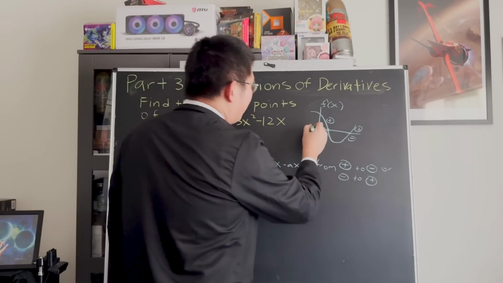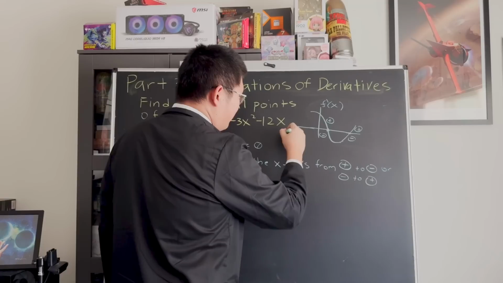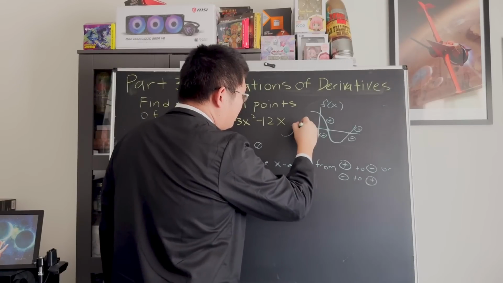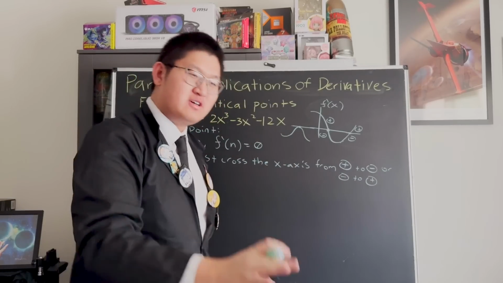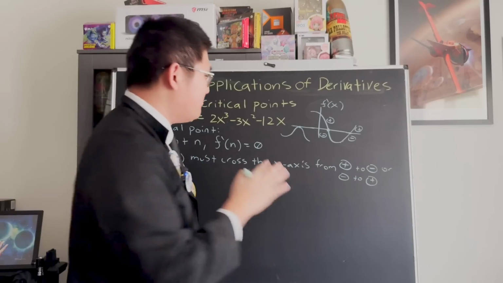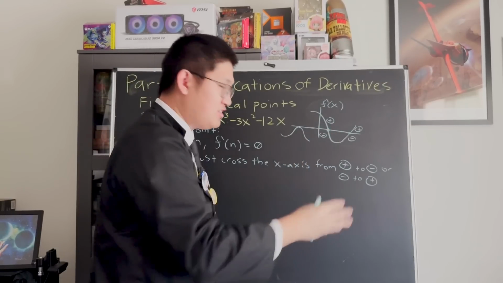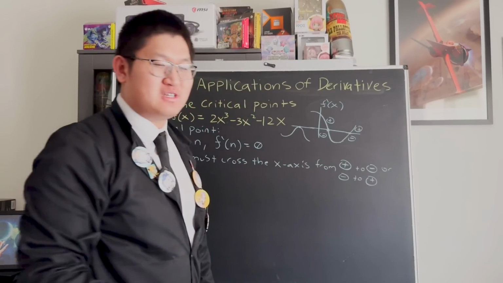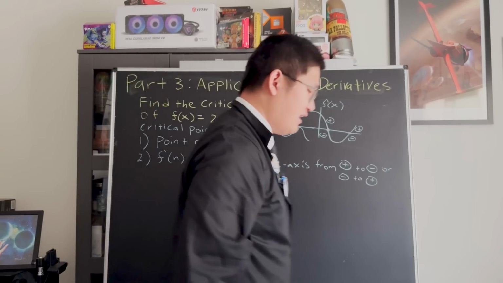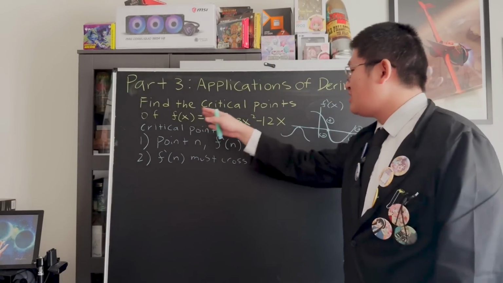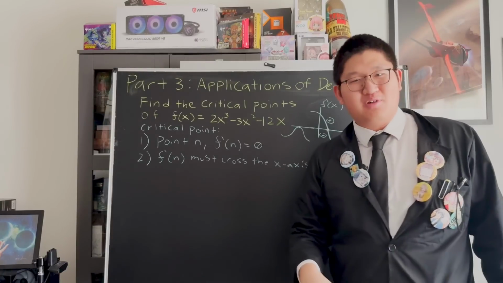Of course, the issue though is that if you have some part of the graph which goes up and touches and returns back from negative to negative again, that is no good. That is not a critical point. We must have it go to the x-axis, touch it, and then cross over to the other side, switching its signs. So with that, we should have enough to actually go about solving this problem here.